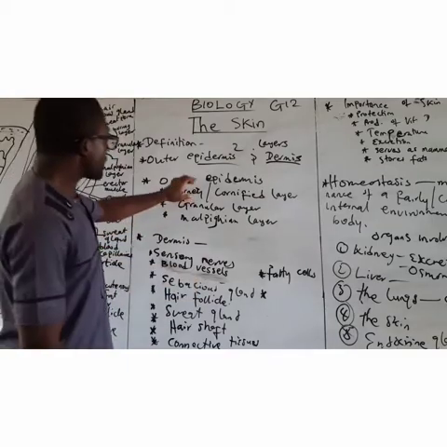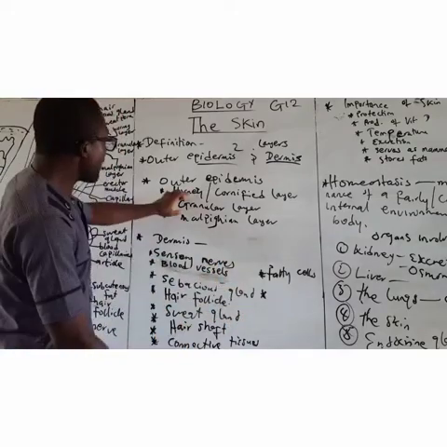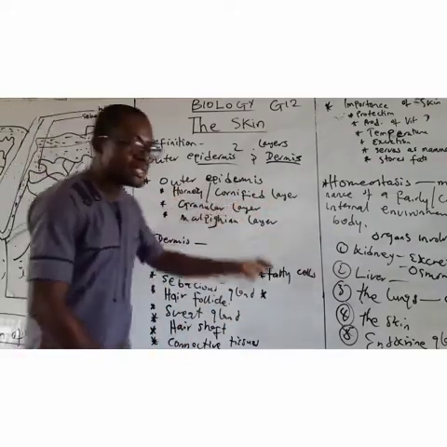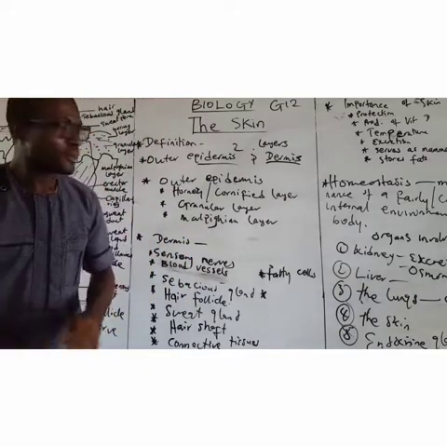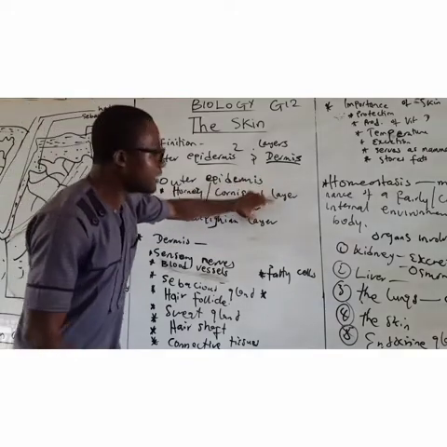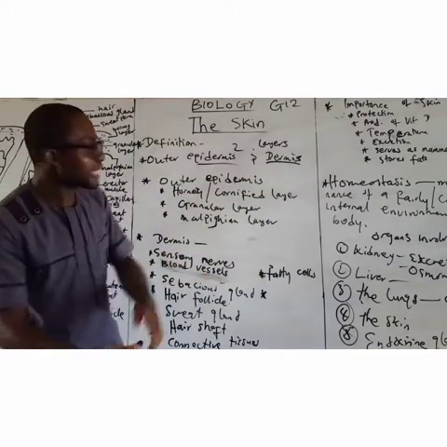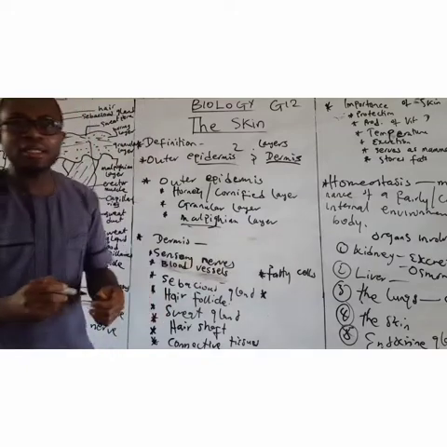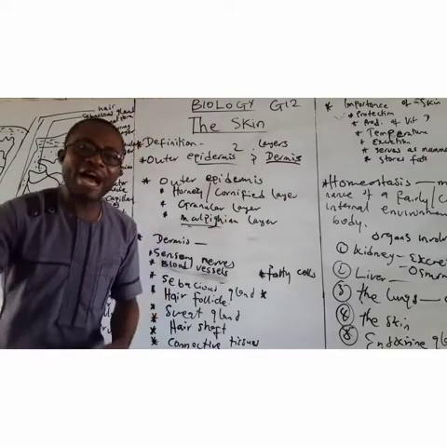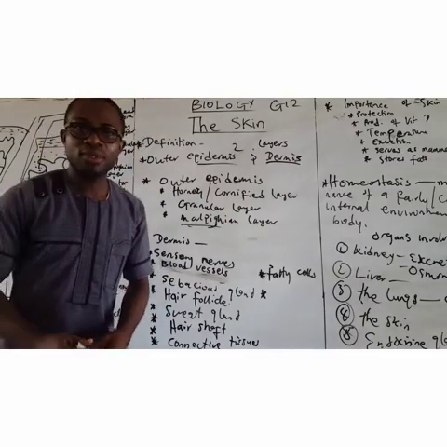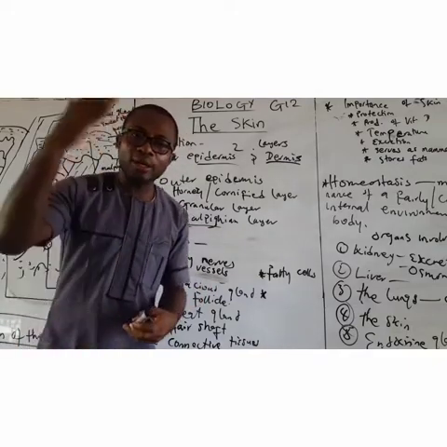So this cornified layer is made of dead cells. Then we have the granular layer, which is made up of living cells. They are alive. Those living cells are produced from the Malpighian layer. The Malpighian layer is made up of dividing living cells. Remember that for growth to occur, there ought to be cell division.